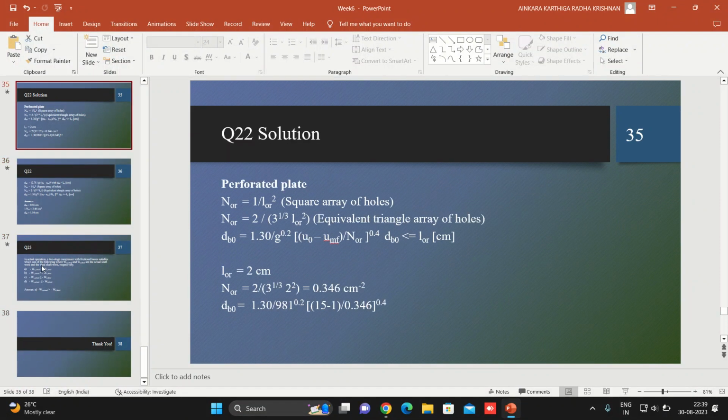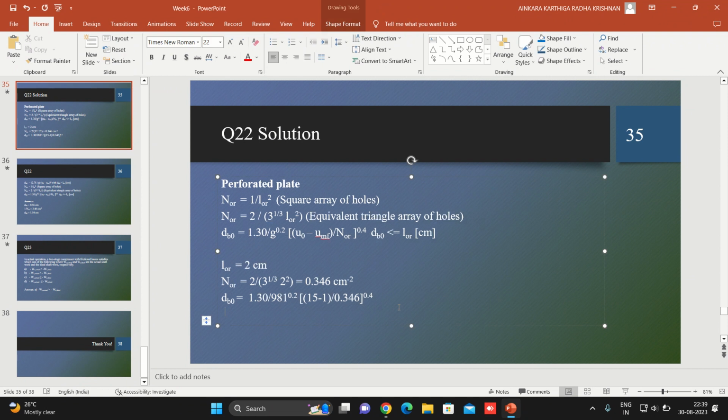It is giving us 1.44 centimeter square. Sorry, centimeter. Is this equal to 1.44 centimeter?